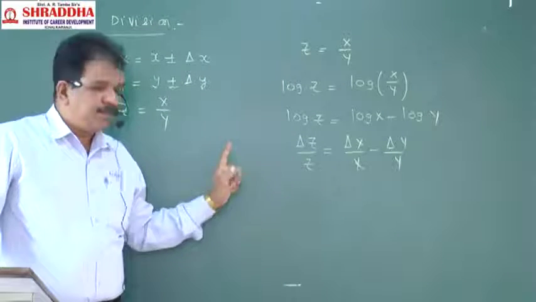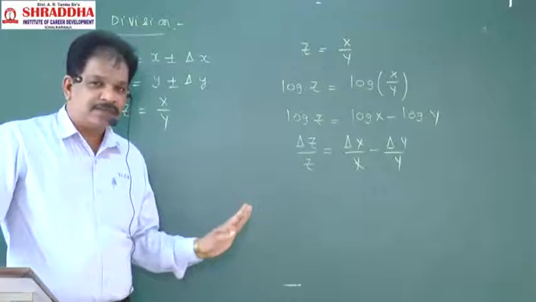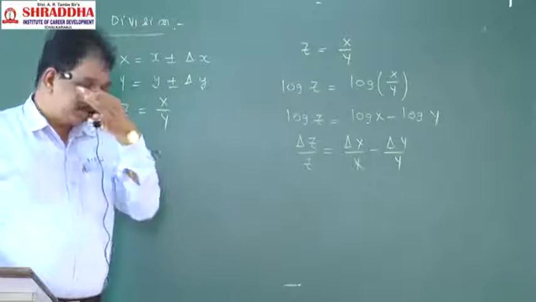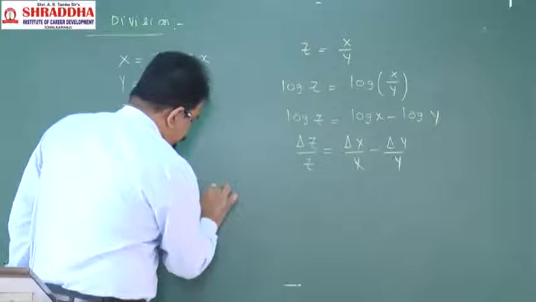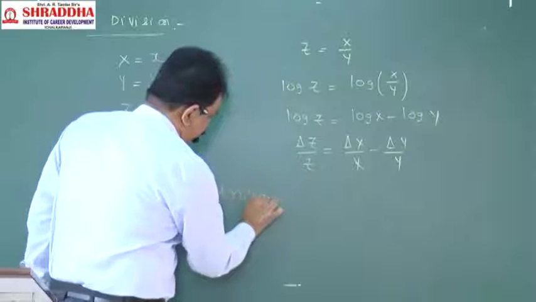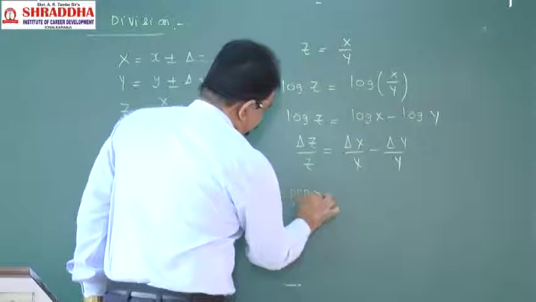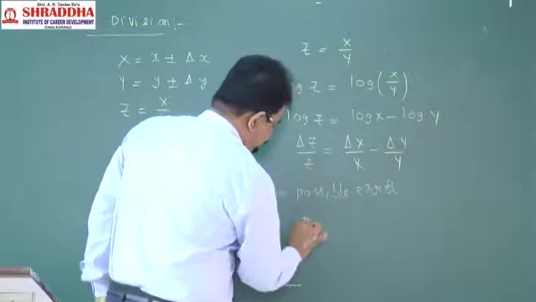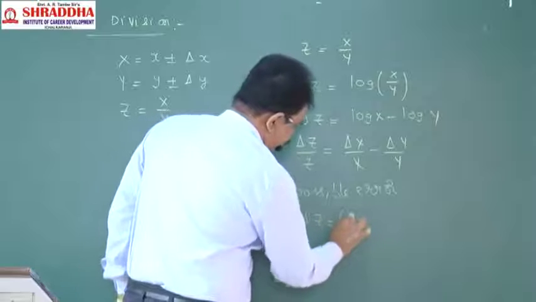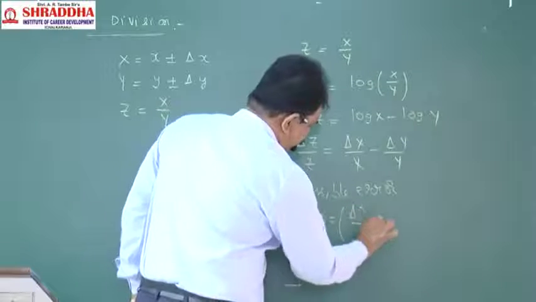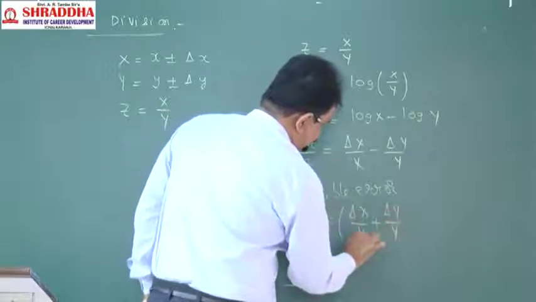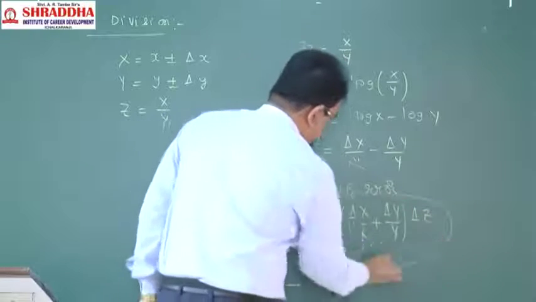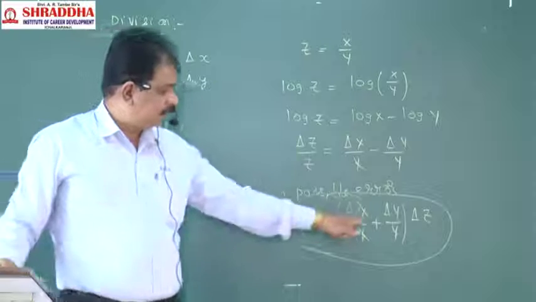But maximum possible error they will mention in the question. That's why here also you have to take positive, remember. Therefore, maximum possible error delta z is equal to delta x by x plus delta y by y, into z, remember, plus came here.